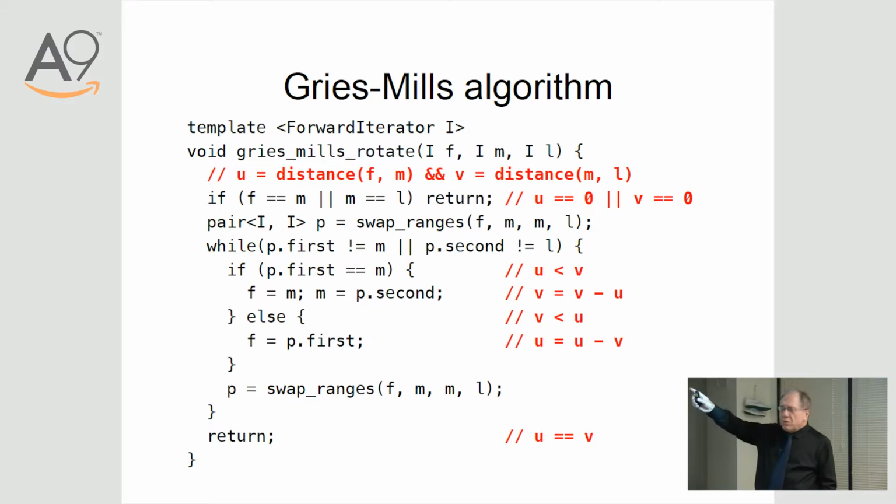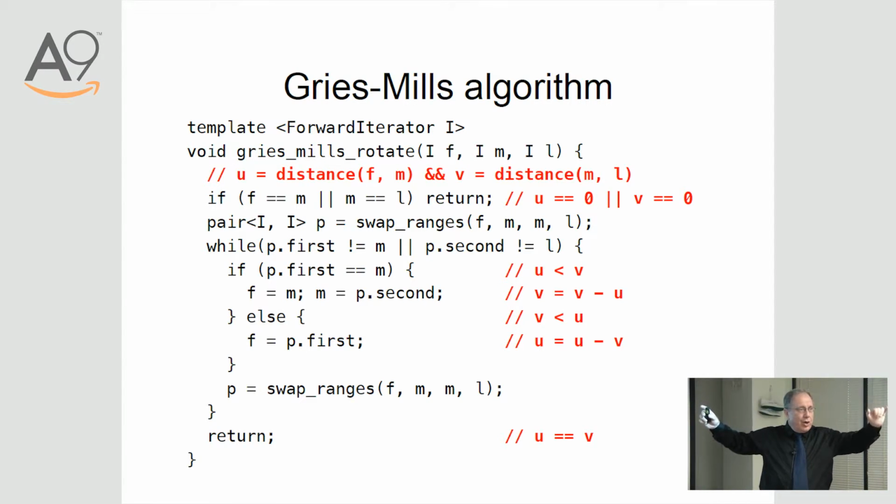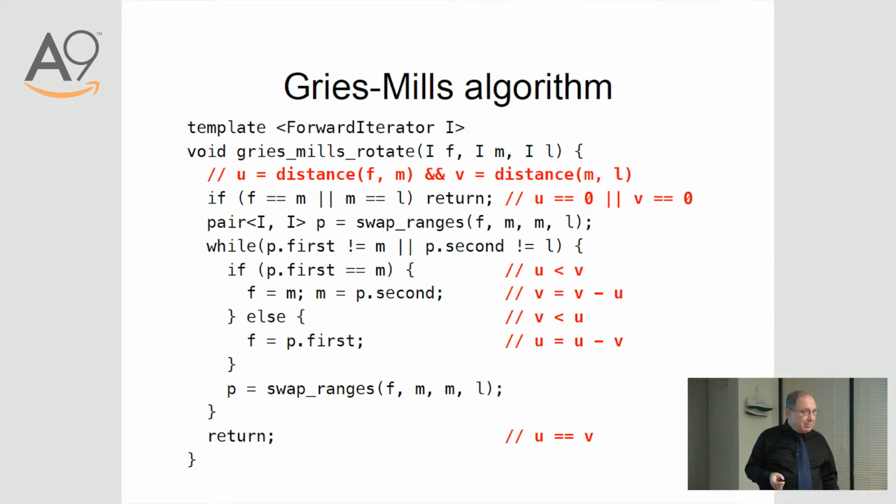So U, we start, U is the length of the first piece, F to M. V is the length of the second piece. Now, if either of these lengths is 0, nothing to do, we're done. Out we go, yes? Now, after that, we do a very, very simple thing.